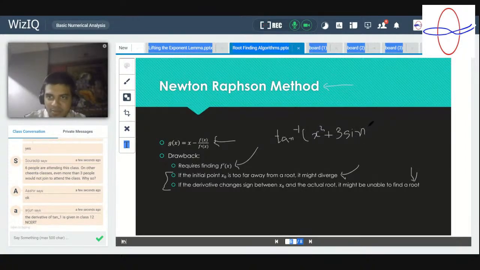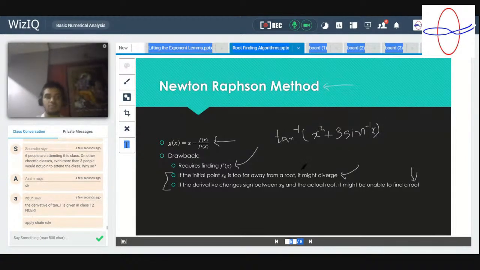Again, you can probably do this using a chain rule. So there has to be a human generally sitting there, and then whatever sine inverse x into e raised to x or so on. And what if the actual function is not differentiable?